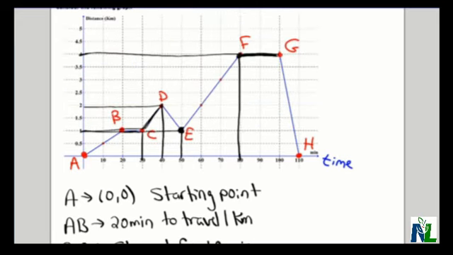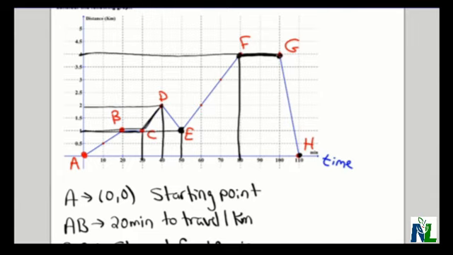And we have one more section of graph to look at here, and we're going from G to H. So once we are at G, when we travel down to H, our distance from our starting point is decreasing. We're going all the way back to 0. So this is our return trip home, and we made a 4 kilometer trip in 10 minutes. So maybe we end up getting a ride home, or it was a faster trip anyway.